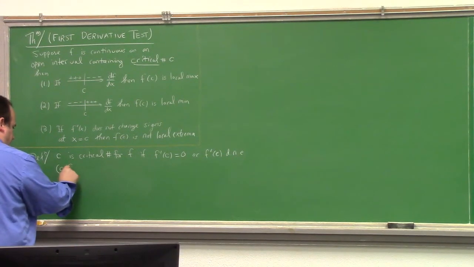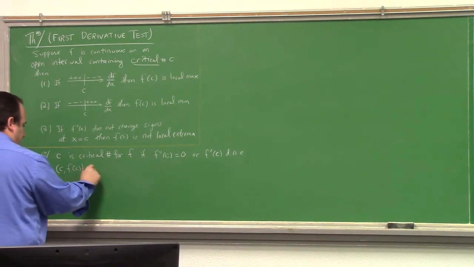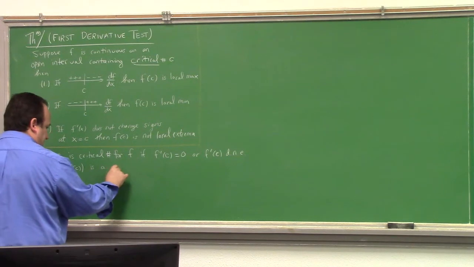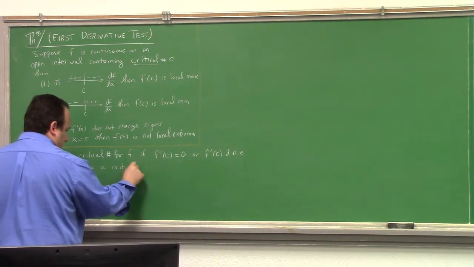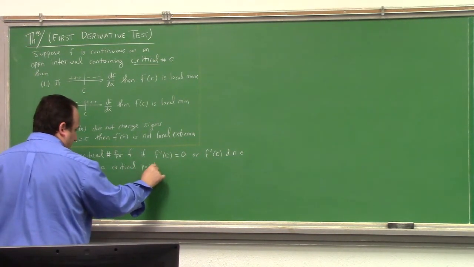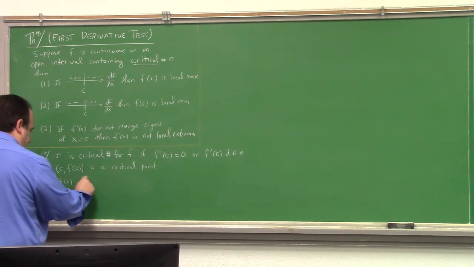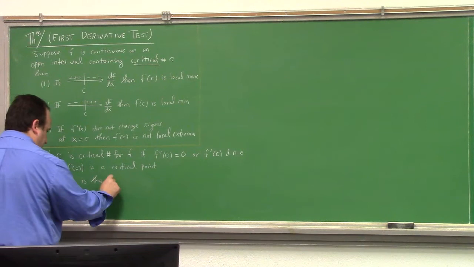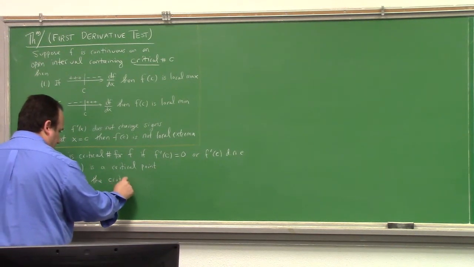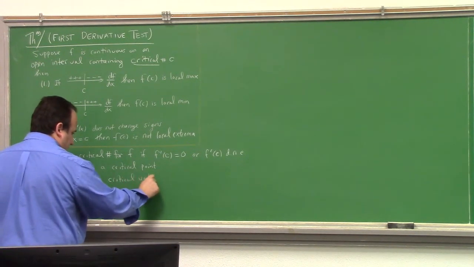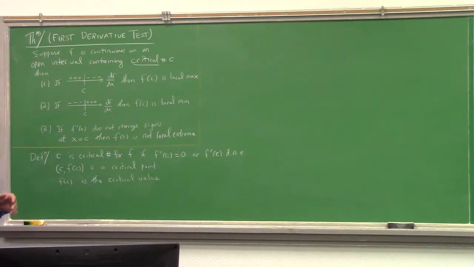C comma f of C is a critical point. And for what it's worth, f of C is the critical value, assuming it exists.